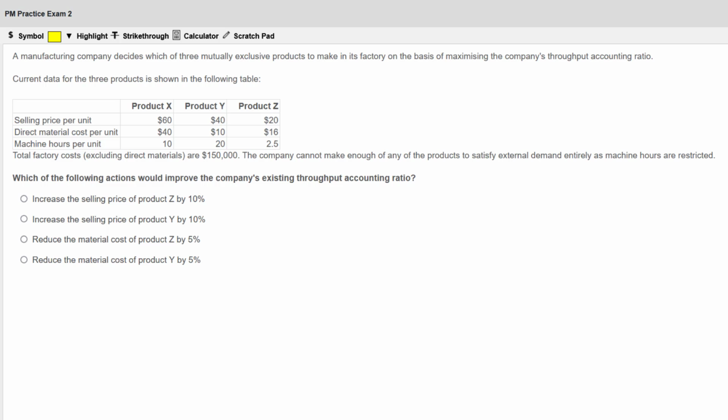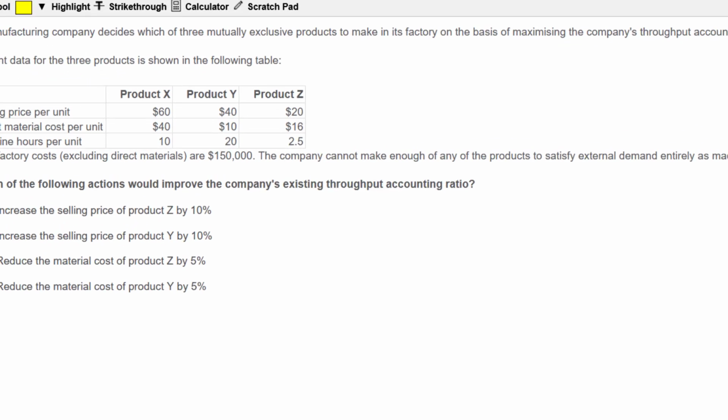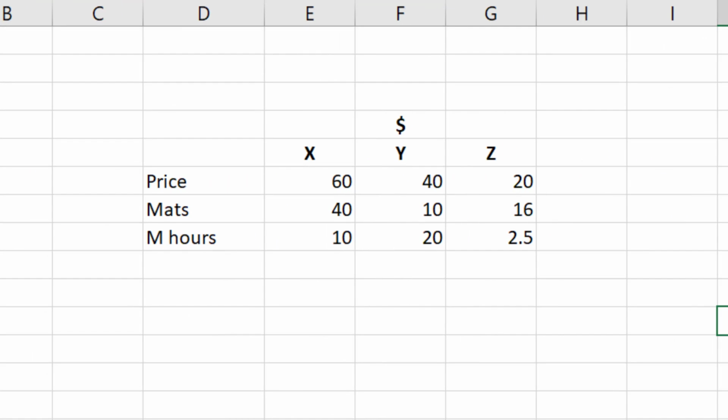At this point, guys, I want to go to a spreadsheet just to review something with you. I have the numbers reproduced in this spreadsheet, and we are trying to make a production plan decision. And the criteria we'll use to make that decision is throughput contribution per hour. So I'm going to make a new row here. Throughput contribution.